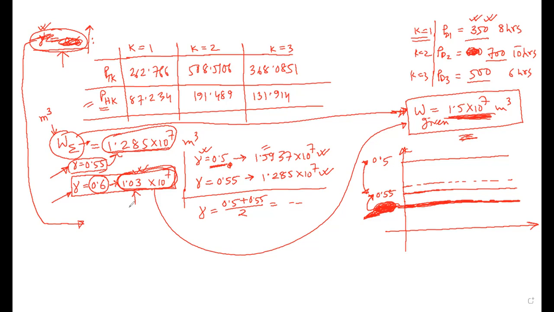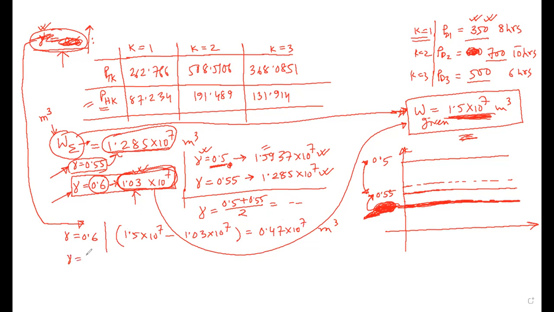So in this case, what was the difference in error? For gamma equal to 0.6, the given W is 1.5 into 10 to the power 7, and we got 1.03 into 10 to the power 7. So the error is 0.47 into 10 to the power 7 meter cube.